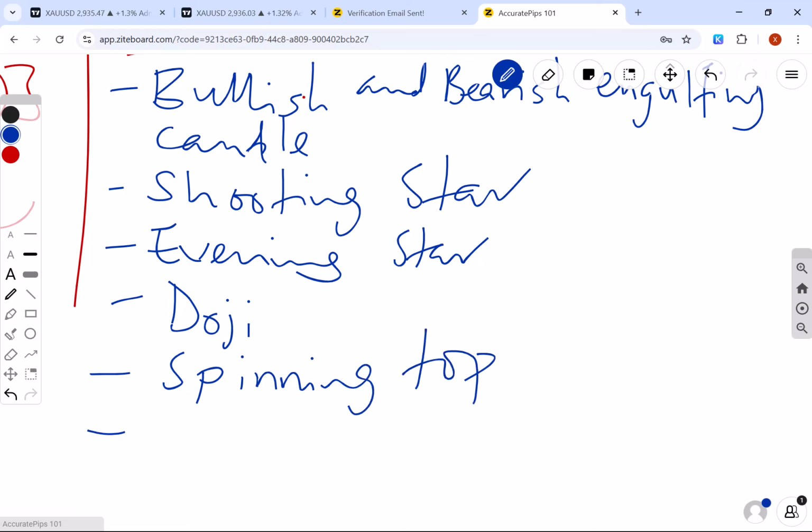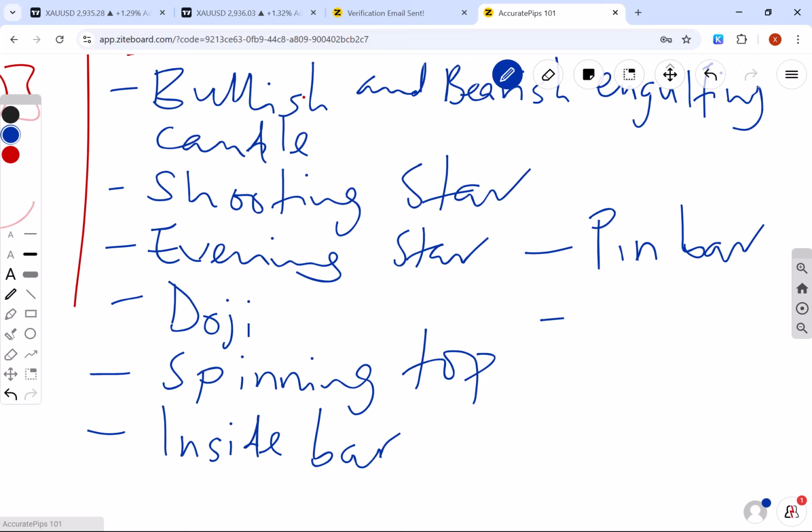Read on the inside bar. Because you'll be hearing me make mention of most of these candlesticks as we go on. I think pin bar, I nearly forgot. So far, they are the important ones, but as we go on, if there are other ones, I'll talk about them.